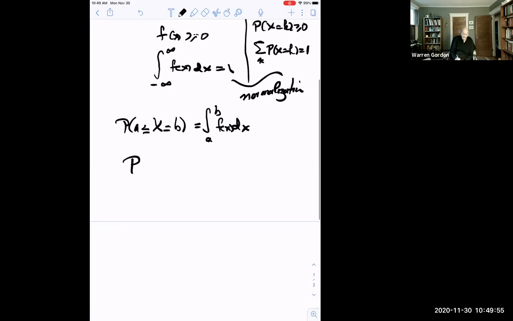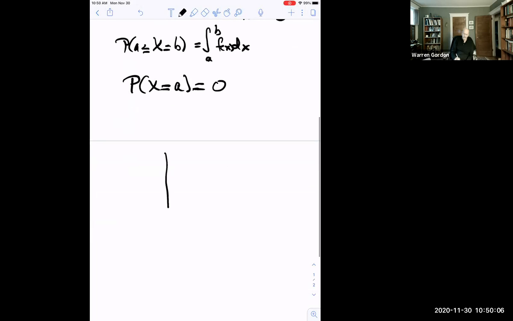And the other thing to observe: for a continuous random variable, the probability that x equals a particular value must always be 0. Suppose you have some density function like so. Here's A, here's B. The probability of a point happening, say at C, is 0 because there's no area swept out.